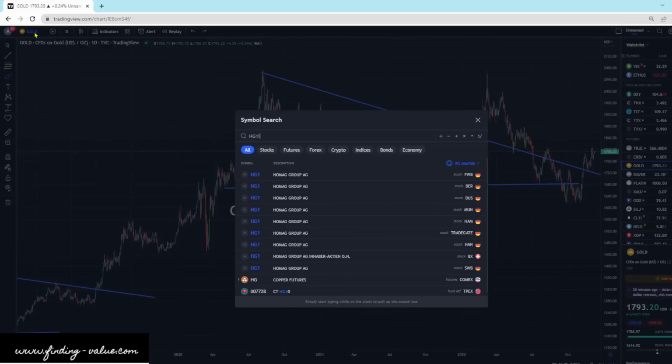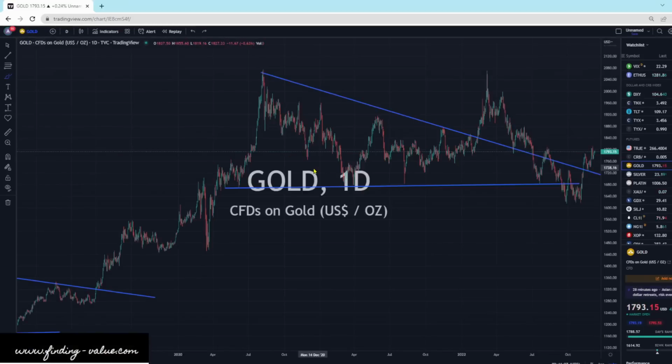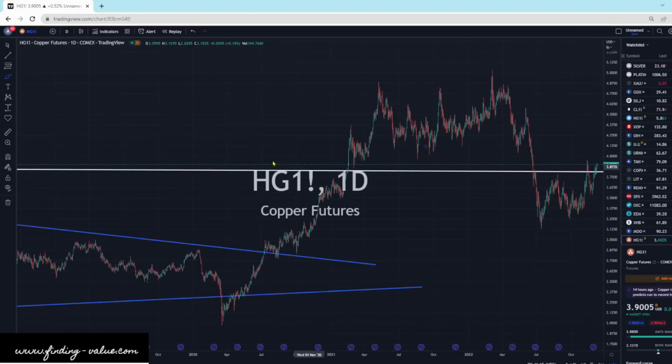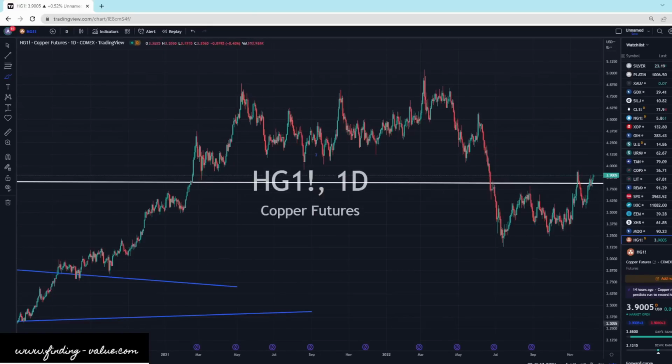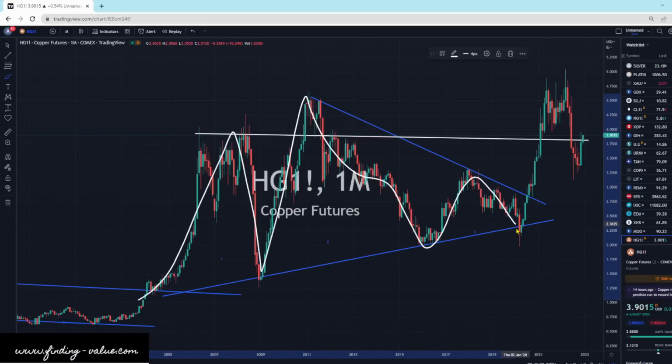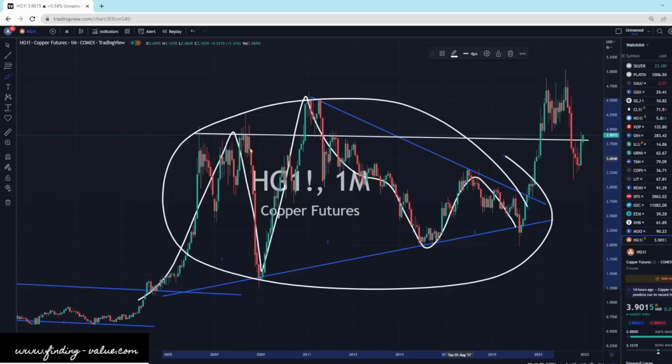And then you can also look at copper. Copper is usually a signal, Dr. Copper, of a potential turning point. So if we look at copper here, we had the consolidation period, the three humps.